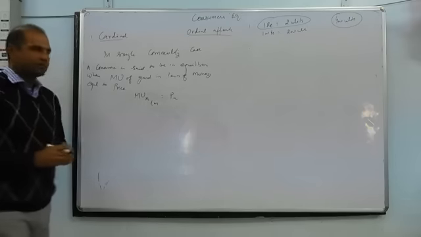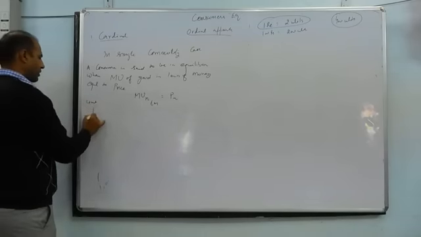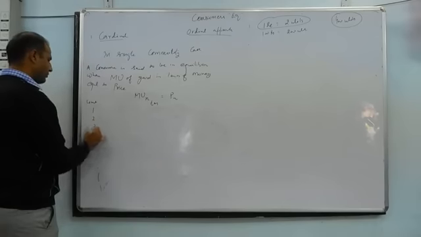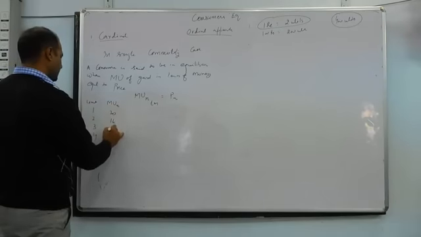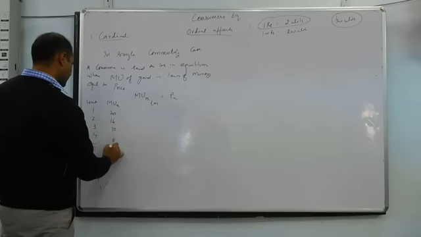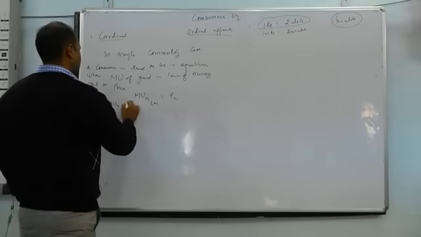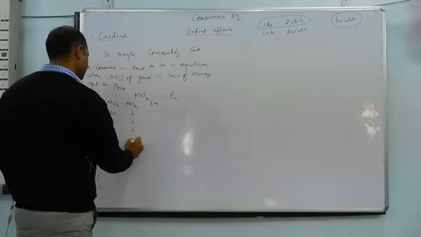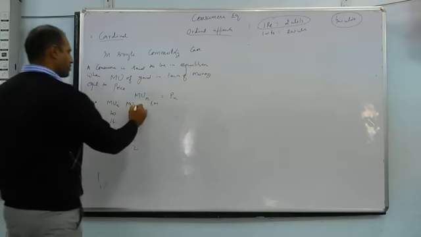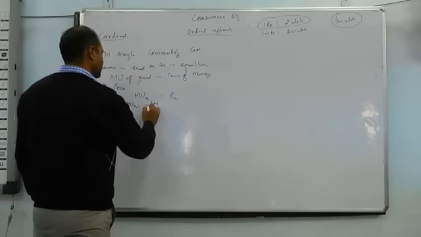So we can explain like units 1, 2, 3, 4, 5, marginal utility 20, 16, 10, 8, 2. No, this is always diminishing. If we assume marginal utility of money is 2, marginal utility of money is always constant, MUM. So what is marginal utility of good X in terms of money?